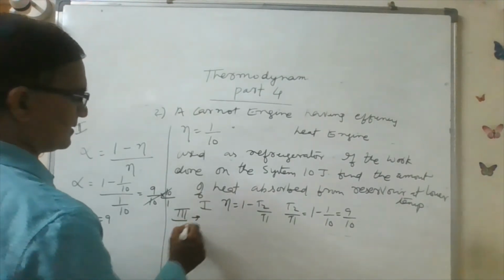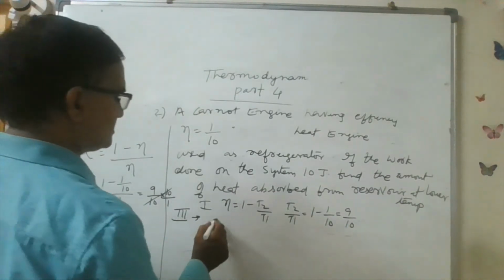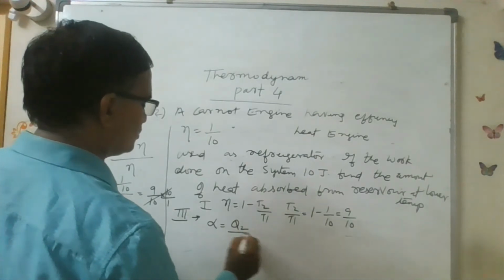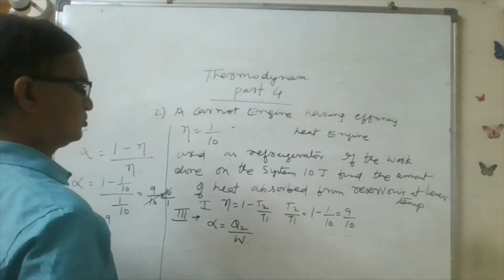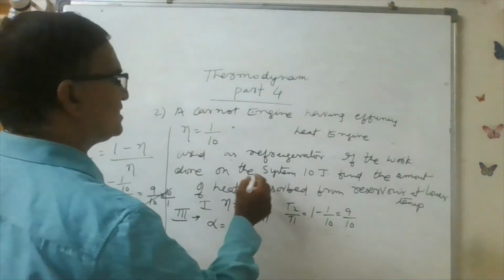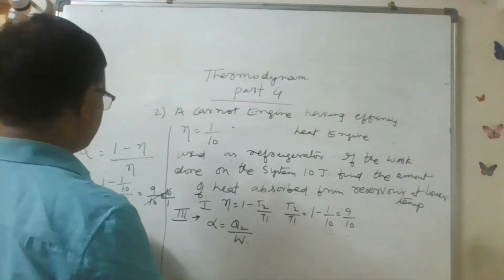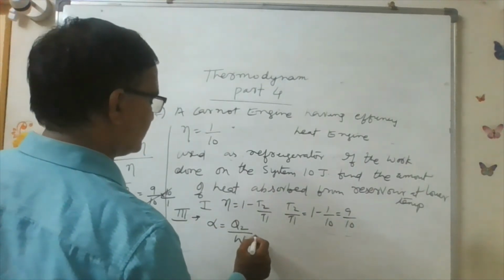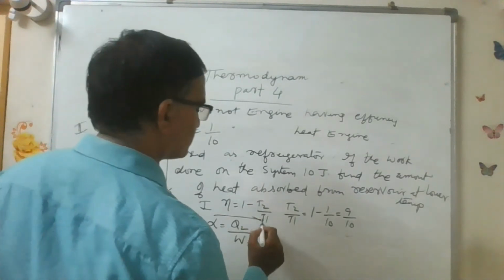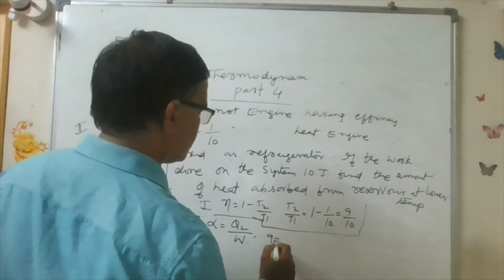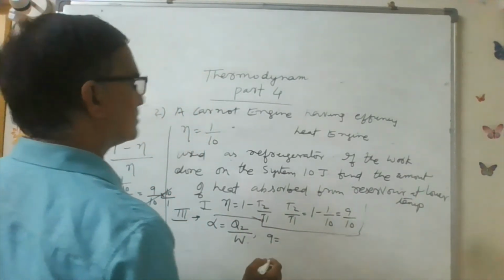Third step here. Now alpha is equal to Q2 by W. Now, the work done on the system, how much here? You have got 9 already. Now we want the amount of heat absorbed.